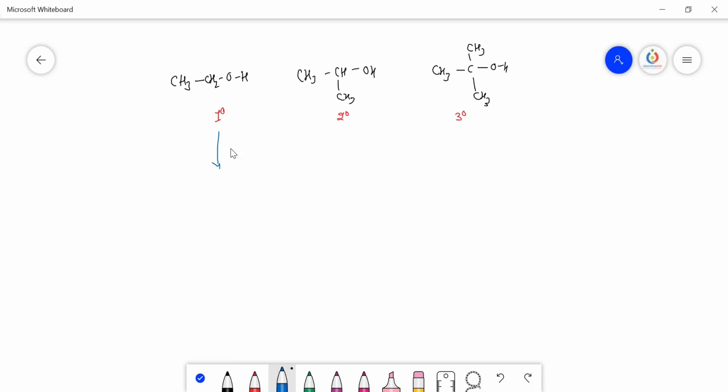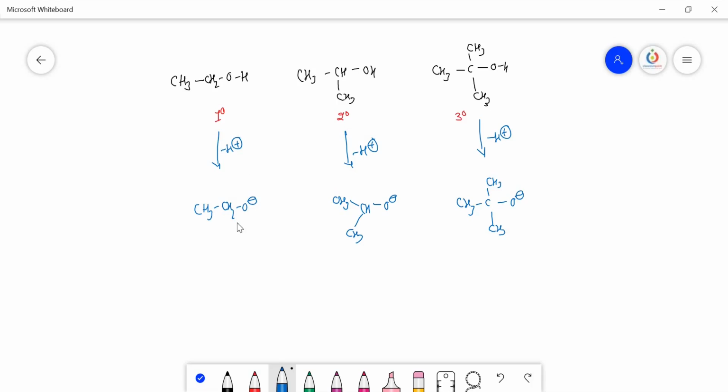So when this primary alcohol loses the H plus ion, it forms CH3CH2O minus, ethoxide ion. Here after the loss of H plus ion, it can form the isopropoxide ion, and after the loss of H plus ion, here it forms the tertiary butoxide ion.